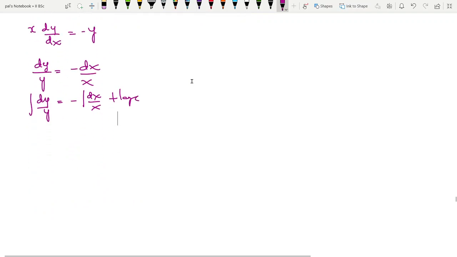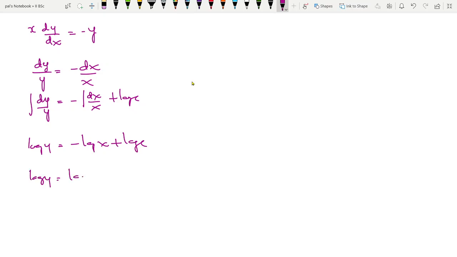So log y is equal to minus log x plus log c. Since log a minus log b is log a by b, log c minus log x is log c by x. Cancel log on both sides. y is equal to c by x, or xy is equal to c. That is the first solution.